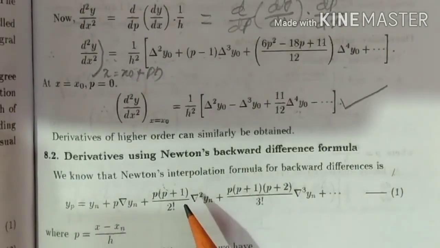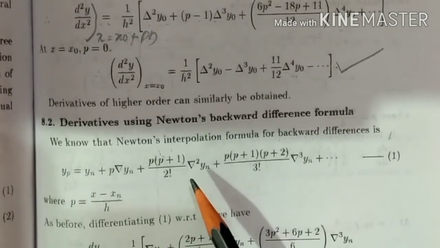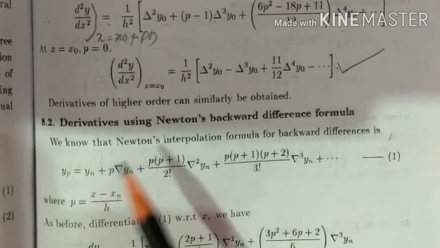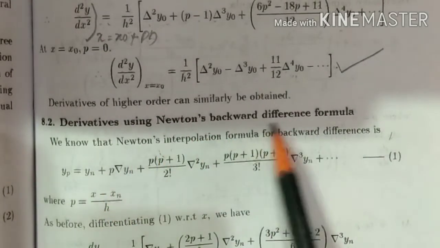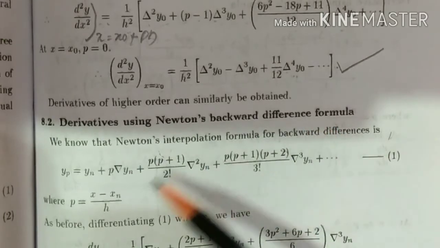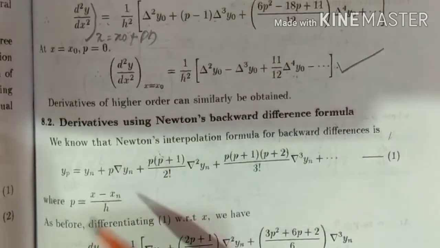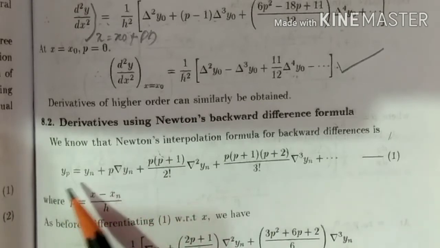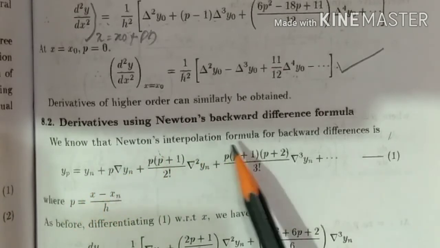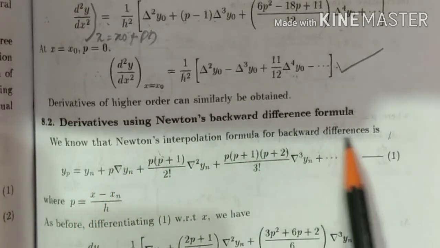Now if the interpolating point is nearer to your end points, then in that case we have to use Newton's backward difference formula. The procedure is the same as usual, but here we have to use the Newton's backward difference interpolating polynomial.